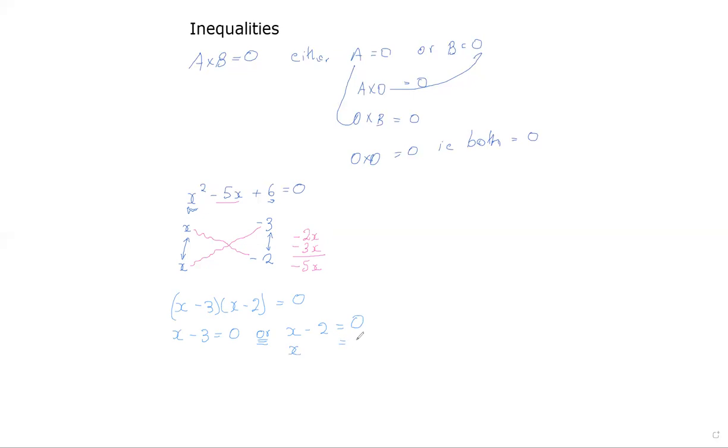Therefore, x will equal 2 here, x will equal 3. But now, I hope you realize the effect of that. We should get that either A is a 0, or B is a 0, or they are both equal to 0.